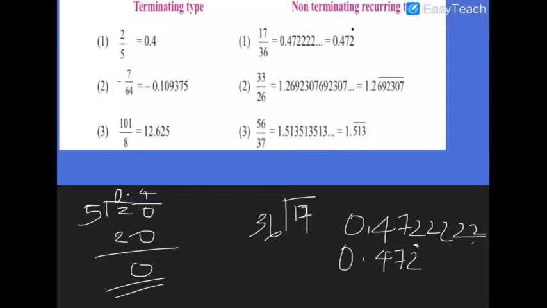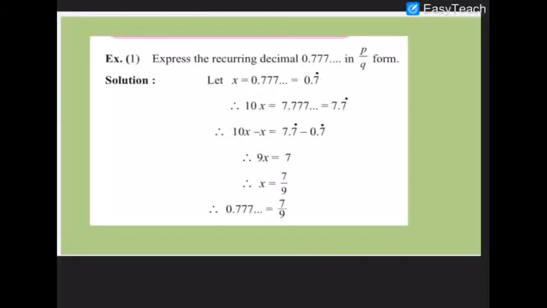So these are the two types of decimal forms of rational numbers, terminating and non-terminating. Now we have a question: express the recurring decimal 0.777 in p by q form. This is a recurring decimal number, and we have to represent it in the form of a rational number, that is p by q form. How is it done? Let x is equal to 0.777, which can be written in short as 0.7 with a dot, since 7 is repeating.